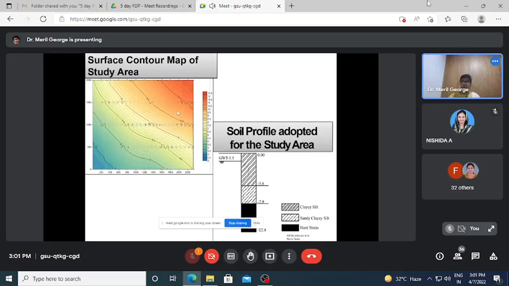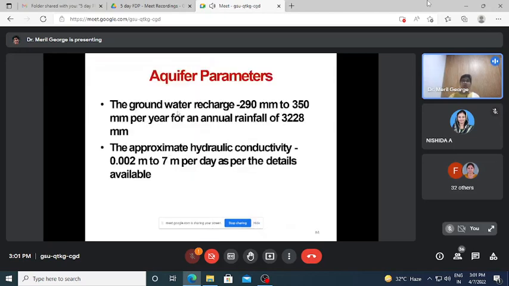Okay. And these aquifer parameters were estimated from the data available in the local bodies, and the precipitation is the main source of groundwater recharge, and it takes place during the period of June to October.